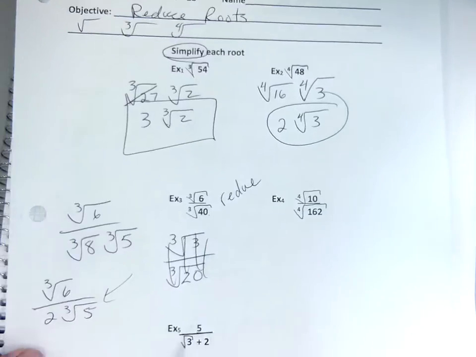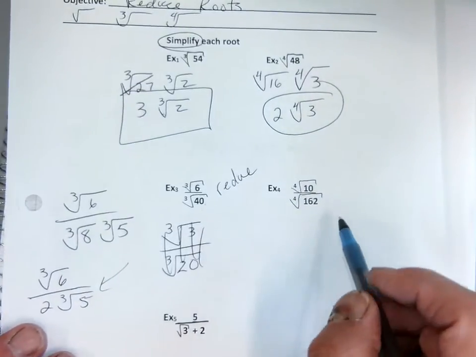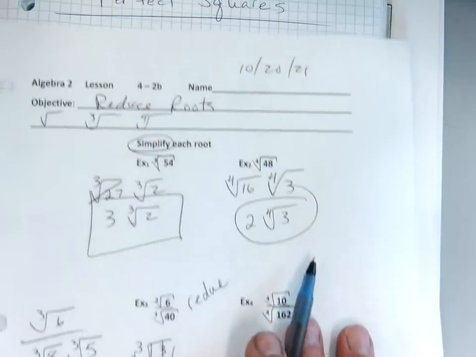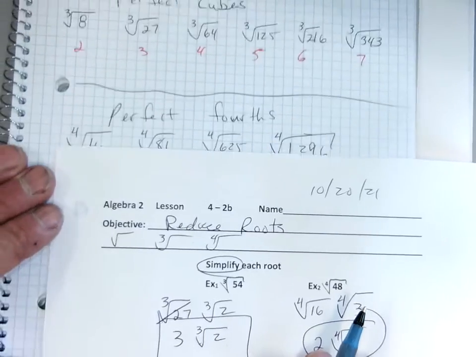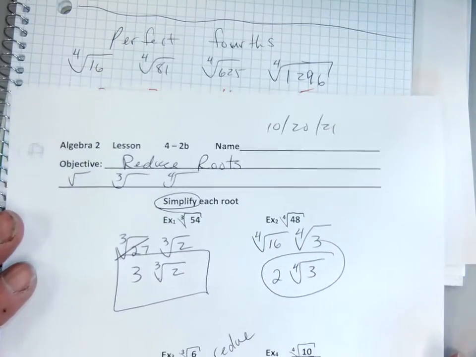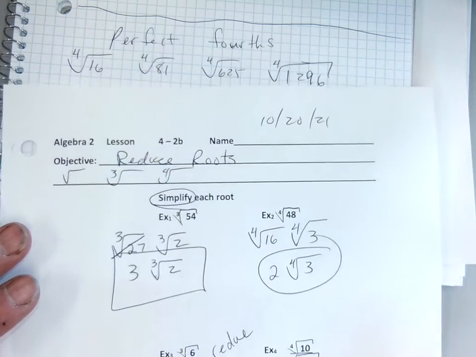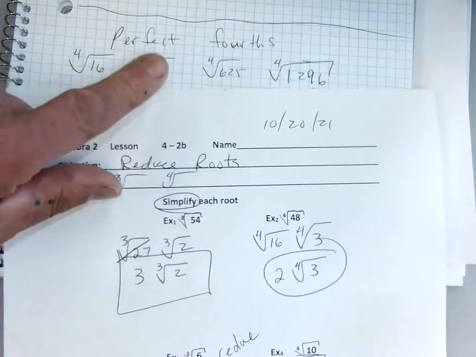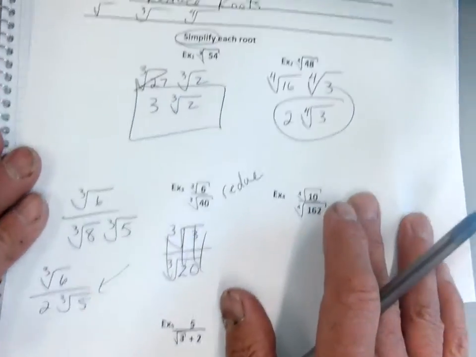Okay, example 4. Fourth root of 162. Do you see a number that would help with 162? Fourth root. What about 81? 81 and 162.